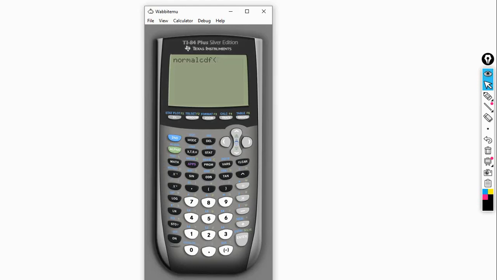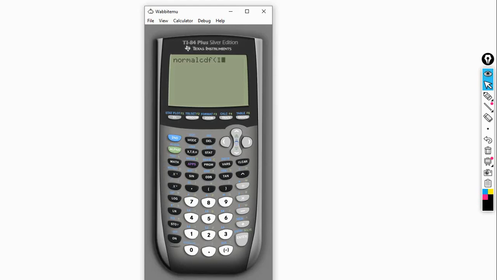The first thing we're going to do is find the probability without using standardization. So the first thing you type in is the lower limit, which in this case is 175.